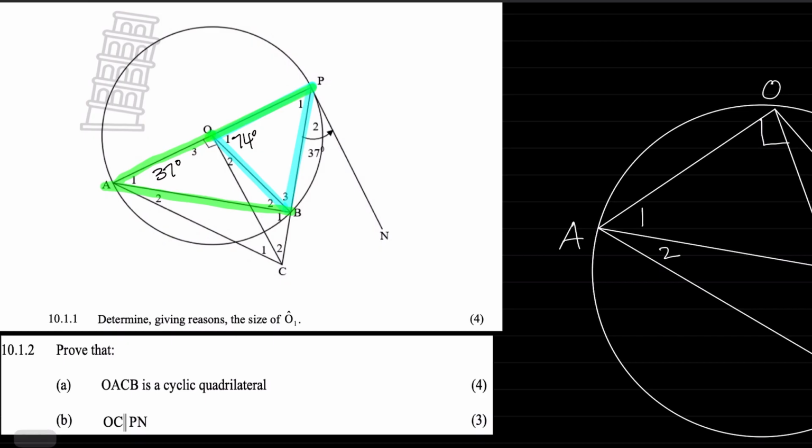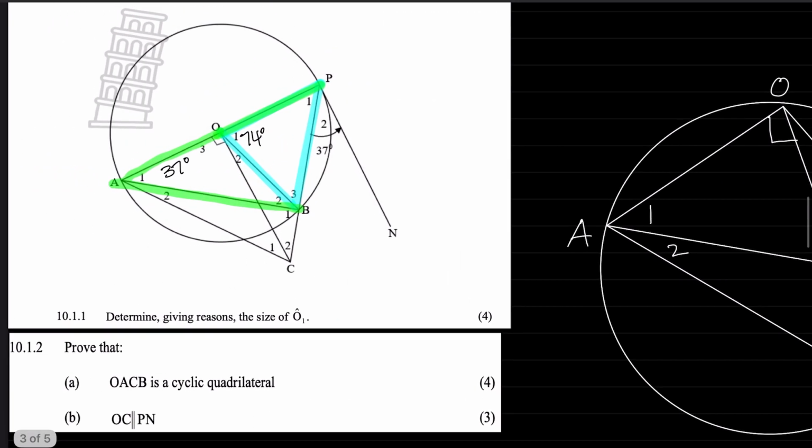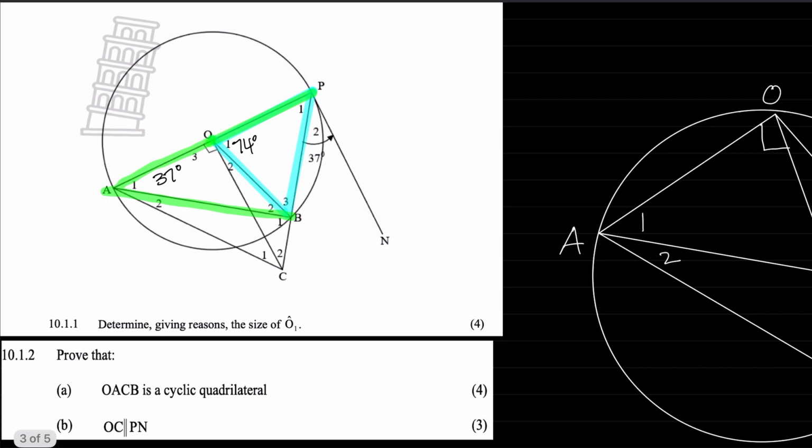Let's move on. 10.1.2, prove that OACB is a cyclic quadrilateral. This is where our diagram here is going to be useful. But before we go to that diagram, we need to focus on one thing. So let me just clear this up. If we focus on this line right here, that line is my diameter. And the diameter will subtend an angle at the circumference of 90 degrees.